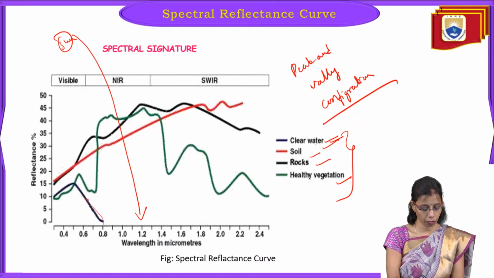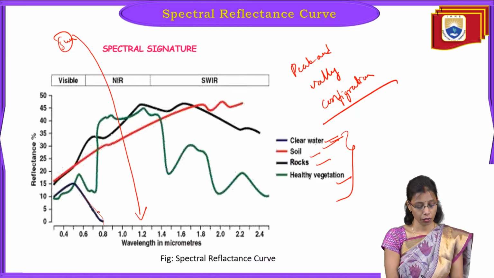It is falling down in the 0.4 to 0.8 region. So it is absorbing; there is no reflection. When you talk about soil, we can see absorption is more in the visible region, whereas reflectance is more in the infrared region, near infrared region, and microwave region. So reflectance is more here.